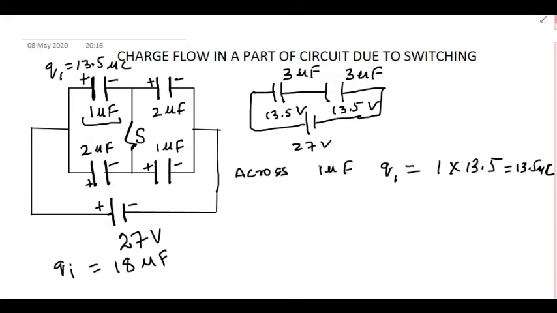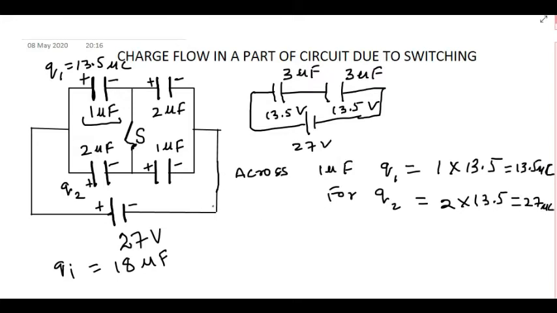For 2 microfarad, I am taking this as Q2. Q2 is equal to capacitance into potential drop, which is 2 into 13.5, that is equal to 27 microcoulomb.